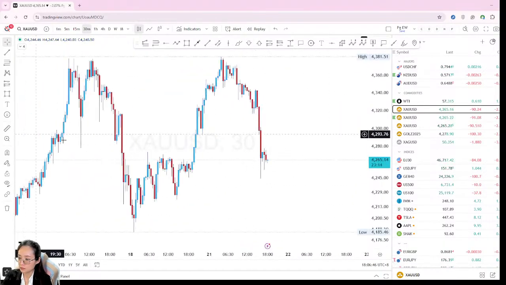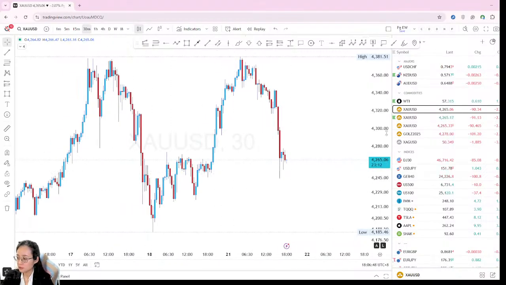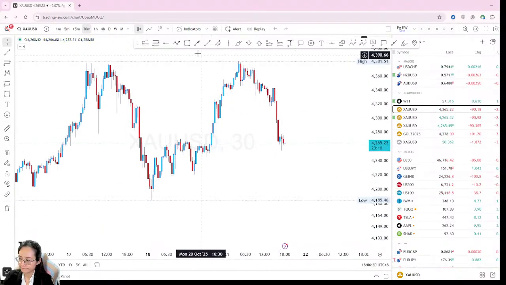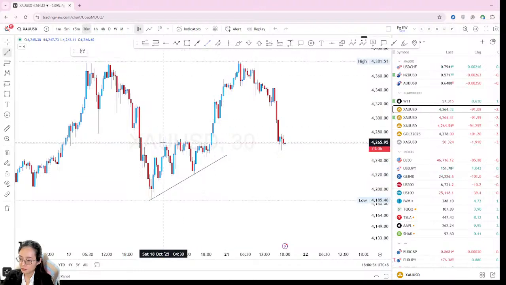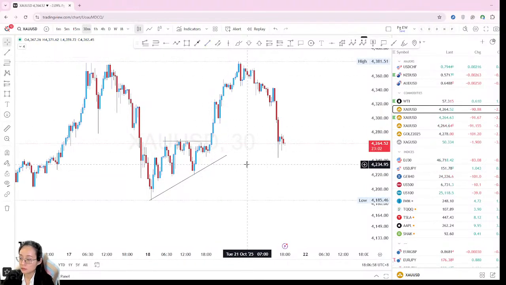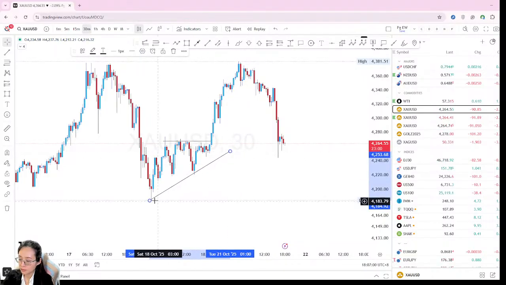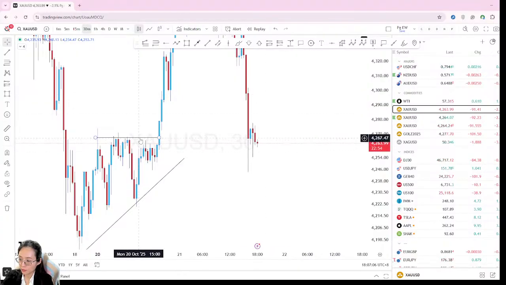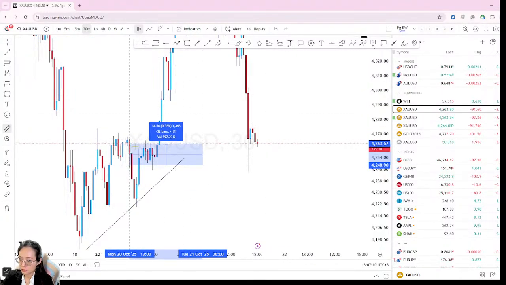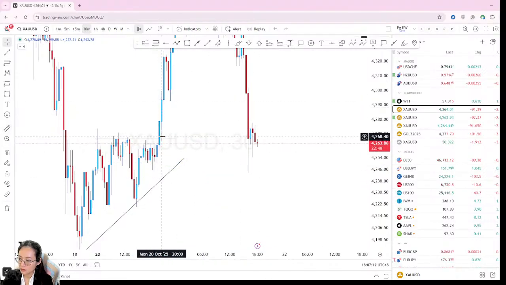For gold, okay, this is the triangle breakout, right? This is a breakout. Do you think price will pull back? Let's say I'm going to draw at this. This is M30.